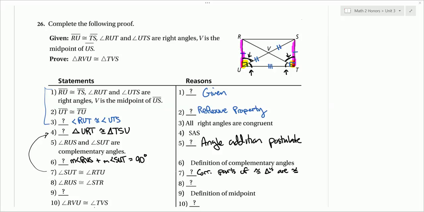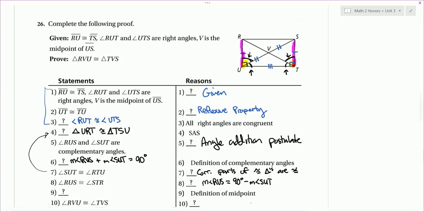Well, from statement 6, the measure of RUS plus the measure of angle SUT is equal to 90 degrees. So I'm going to write a few things here. In 8, I'm going to write the measure of angle RUS is equal to 90 degrees minus the measure of angle SUT.